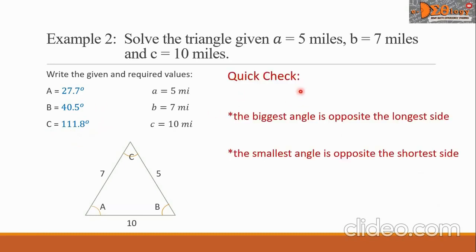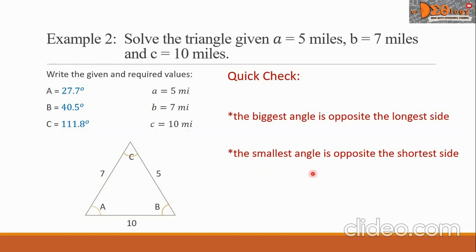Just a quick check. The biggest angle is opposite the longest side. In here, the biggest angle is angle C, which is 111.8 degrees, and the longest side is side C, and that is 10 miles.